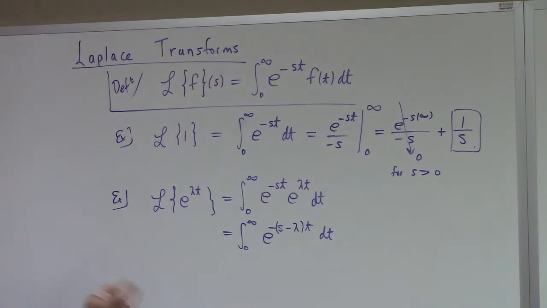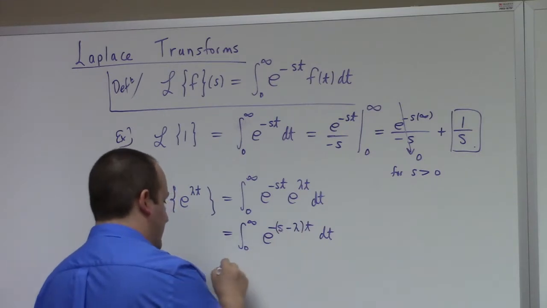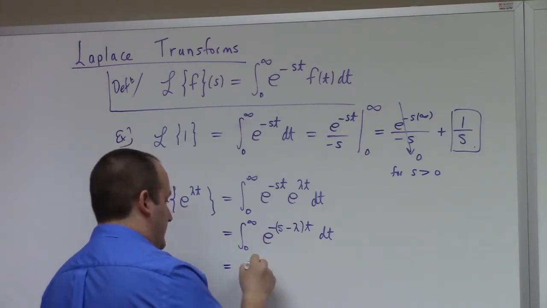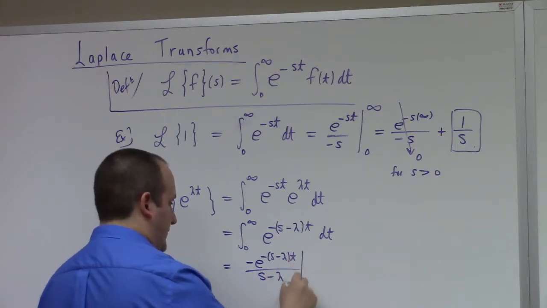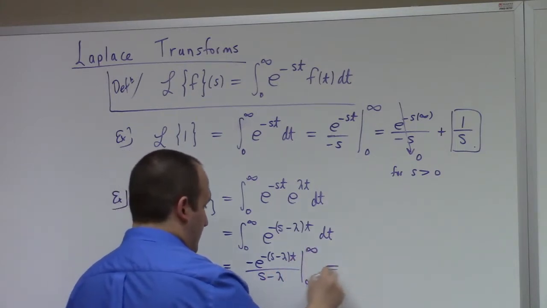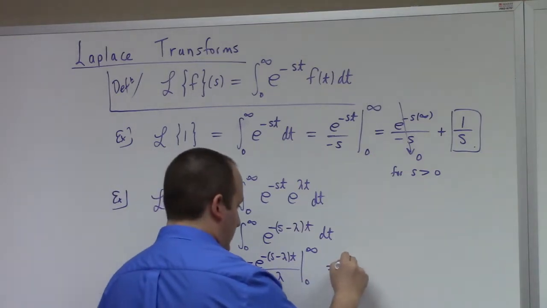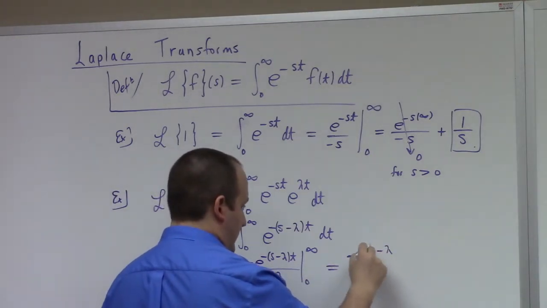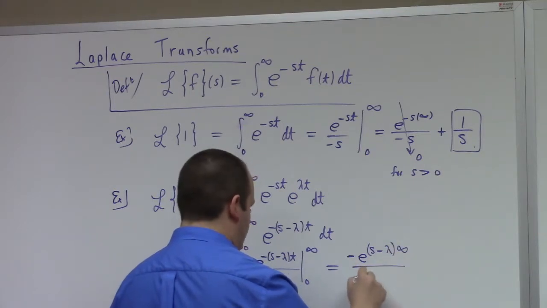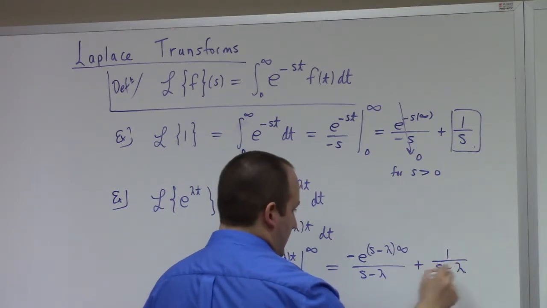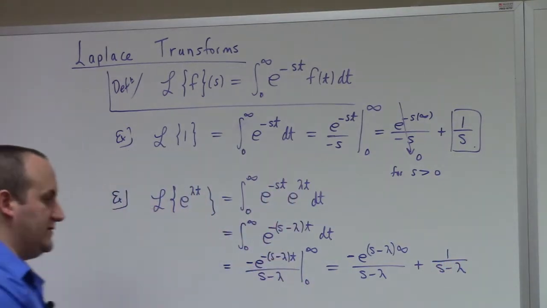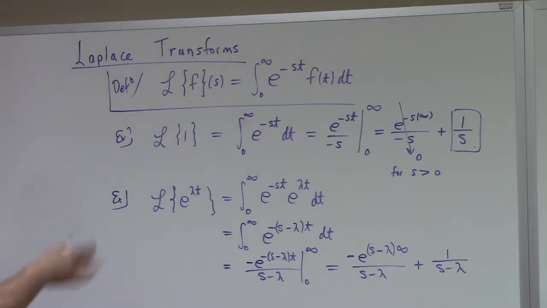I got a plus lambda, but I did minus minus is plus. And then, well, this is a constant, so I can do the antiderivative in my head. It's minus e to the minus (s minus lambda) times t over s minus lambda, evaluated from 0 to infinity. So we have minus e to the minus (s minus lambda) times infinity over s minus lambda plus 1 over s minus lambda, because when I plug in 0 and I use the minus from FTC part 2, there it is.